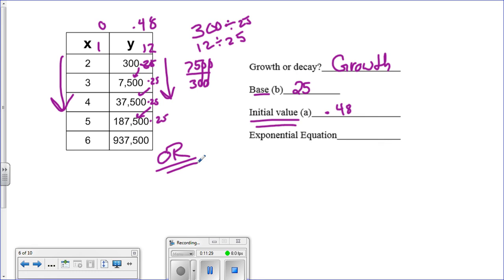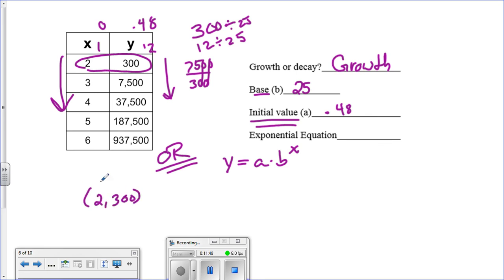The other way that I listed in your directions is to take your y is equal to a times b to the x and pick a point, any point. So if I pick, say, the first point, because this looks to be the easiest, so I pick 2, 300, that's my x, that's my y. So I'll put the 300 for my y, leave the a because that's what I need to find. My b is 25, and my x is 2.